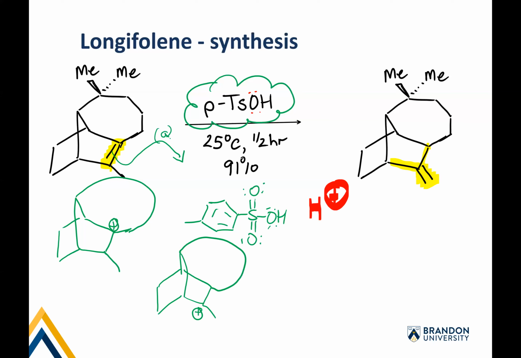So this would be the product from A, and if the proton went on carbon B, it would be this one here. And then the next step, what's the last step once you've got the carbocation? What are we doing then?